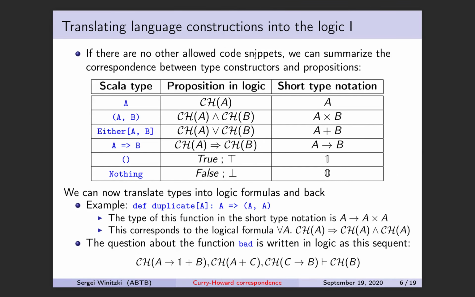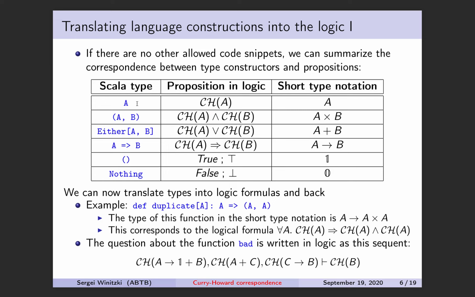Here's a table that summarizes the correspondence between the types and the propositions. These are the different types that we have in Scala. And these are the corresponding propositions. So in logic, propositions are combined using operations and, or, implies.